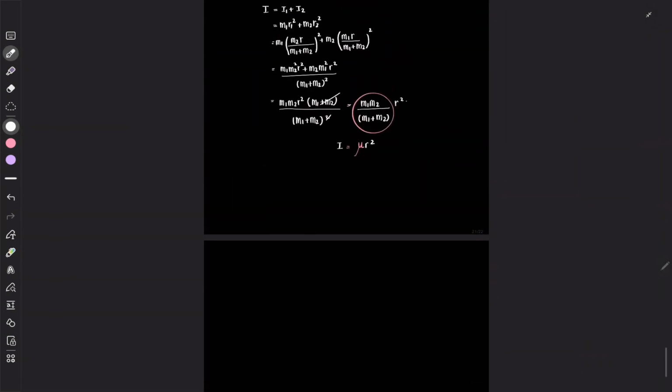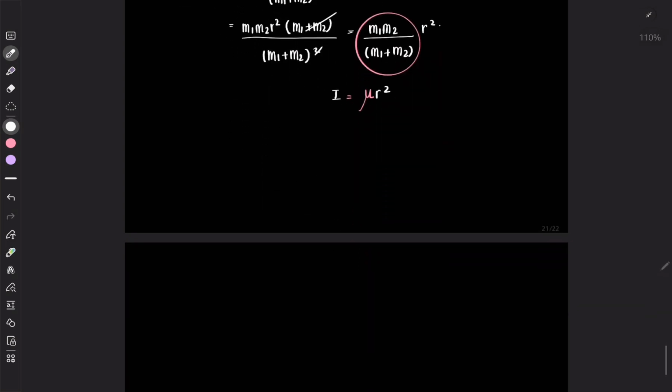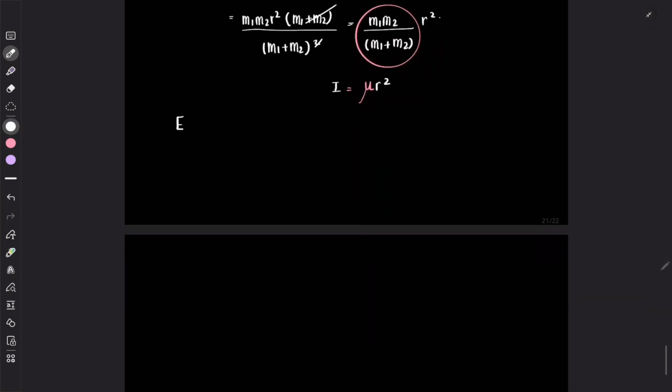Okay. Now what we're going to find is the rotational kinetic energy of the system. So that is given by E equal to half I omega square, and we know L is equal to I omega, right?